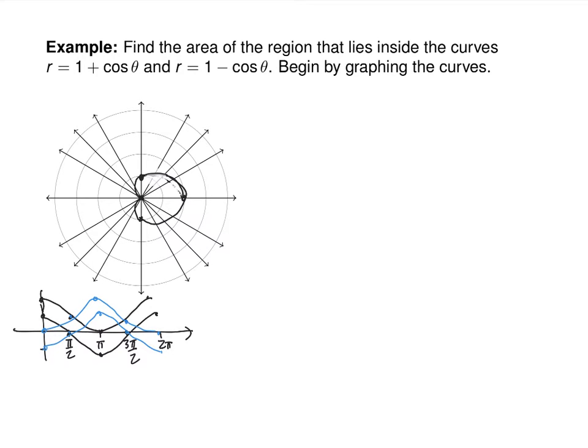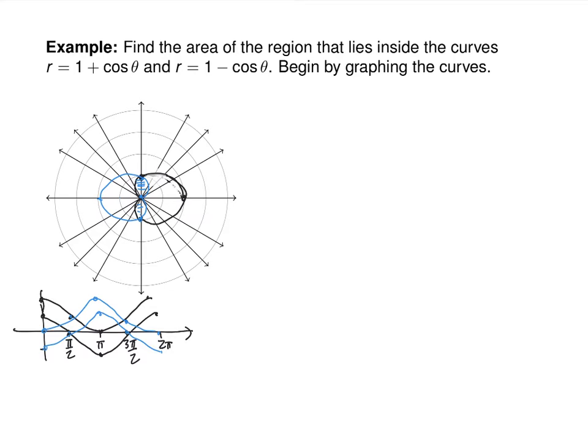So this one starts at the origin, and by pi halves we're up at 1. By pi we're at 2. By 3 pi halves we're back down to 1, and by 2 pi we're back at 0 again. So we're looking for the area that lies inside these curves. So inside there and inside there.